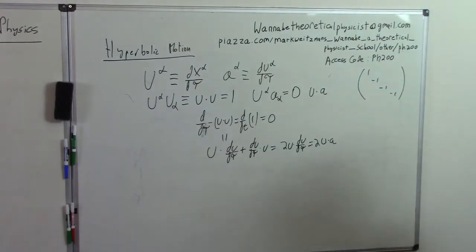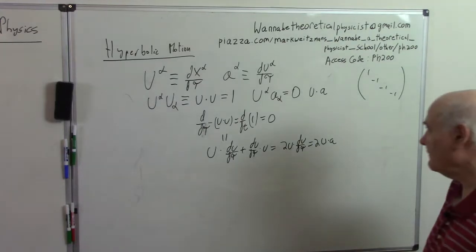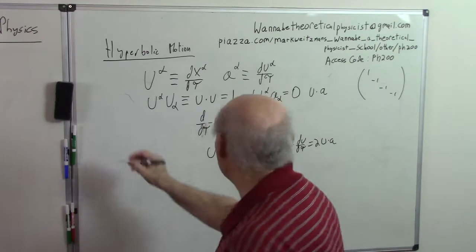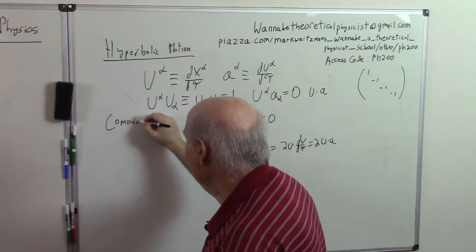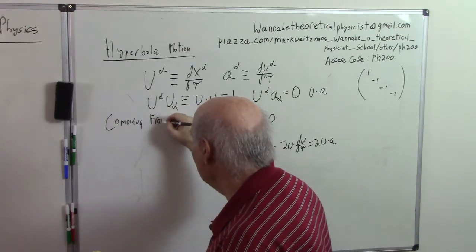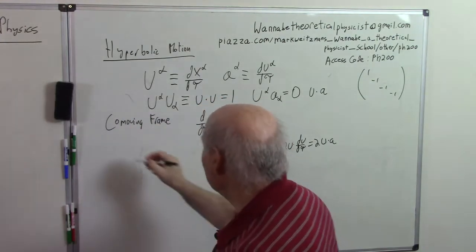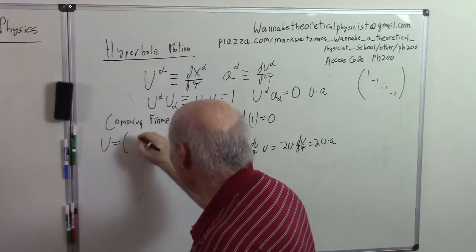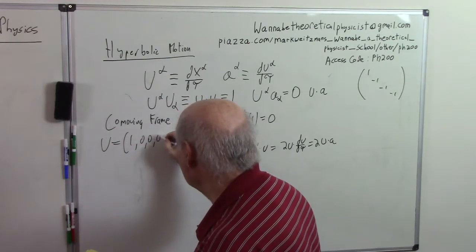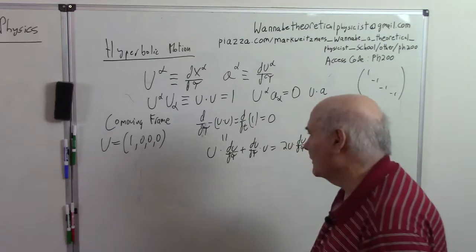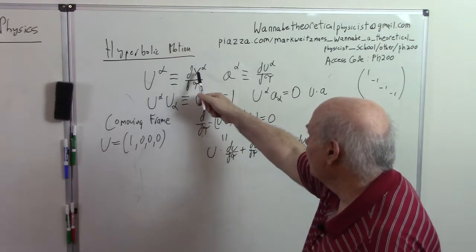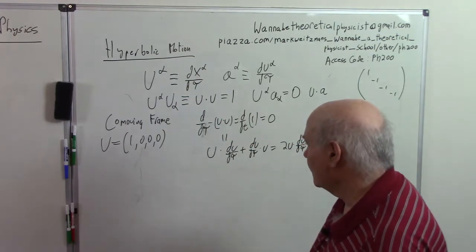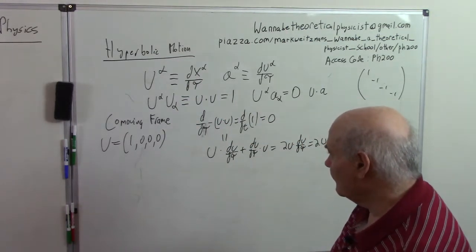So we have this fact, and let's look at it in a reference frame. If we're looking in a co-moving reference frame, then u is equal to (1, 0, 0, 0). That is, a co-moving reference frame is defined so that the time is the proper time and the particle is at rest.